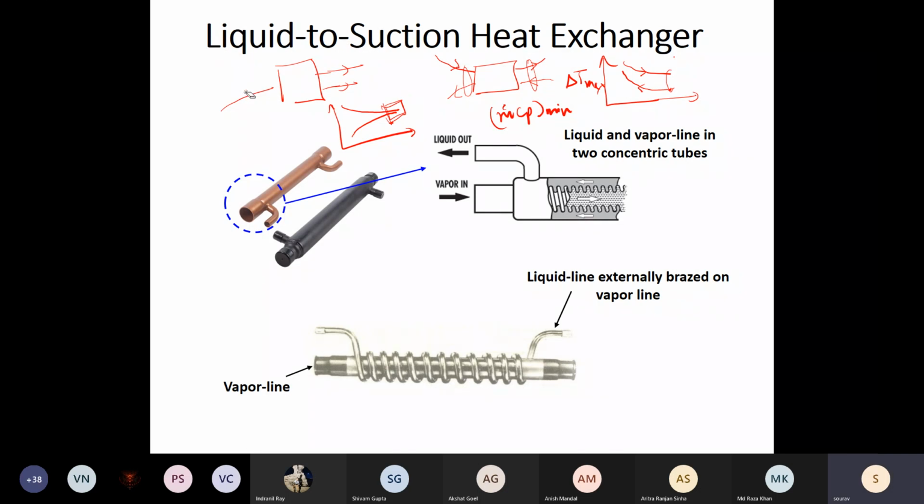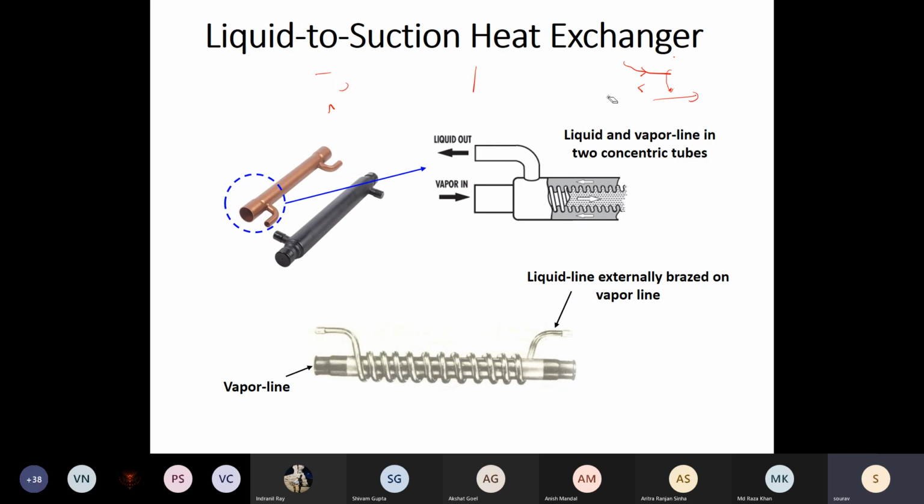And we also had seen the configurations are the same, but the manner in which these two heat exchangers are made for the liquid to suction heat exchanger. So one is the concentric tube type. There are two tubes. Consider this as one tube, and the outer one, the annular space, providing the space for another fluid.